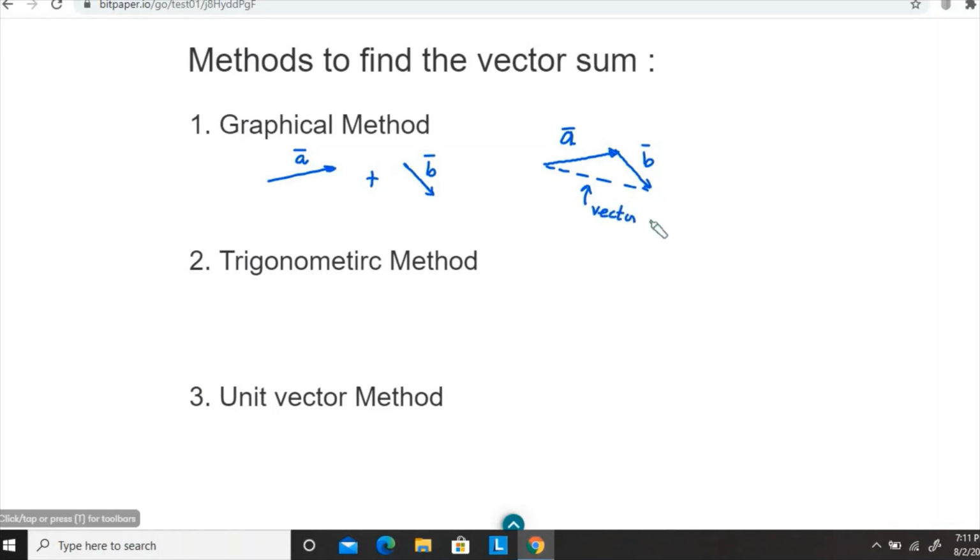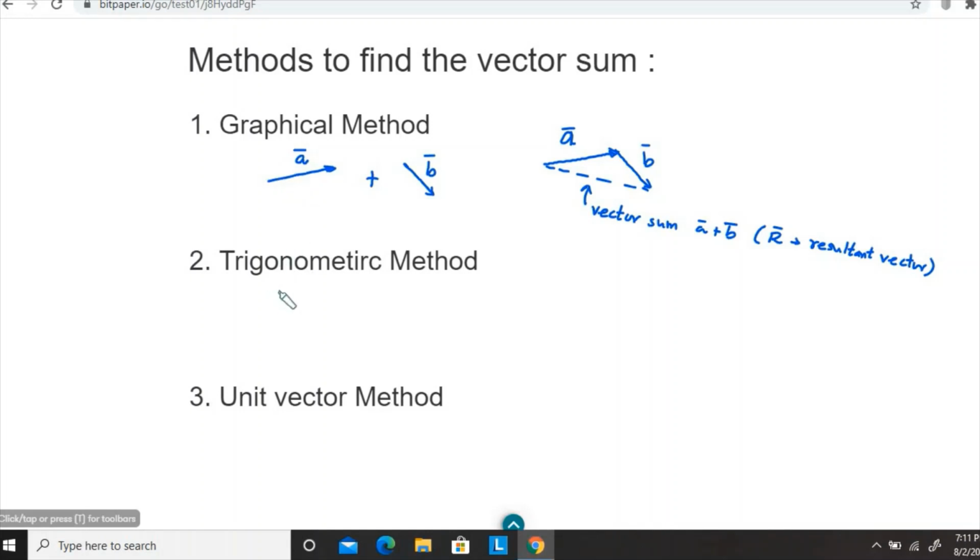So this is vector sum A vector plus B vector. Sometimes this is also called the R vector or the resultant vector. I'm going to talk about this in detail, but I just want to explain it under this slide.